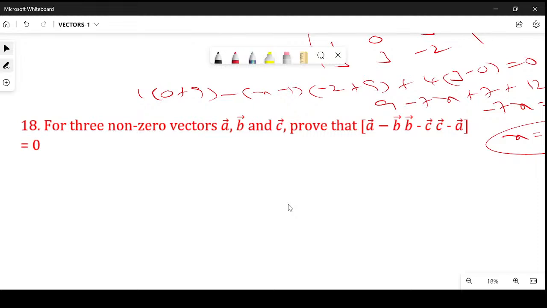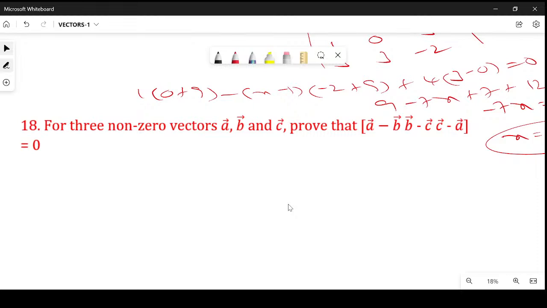This is a simple, easy problem, but the model is important. We can do this problem in 2 ways, using the scalar triple product.